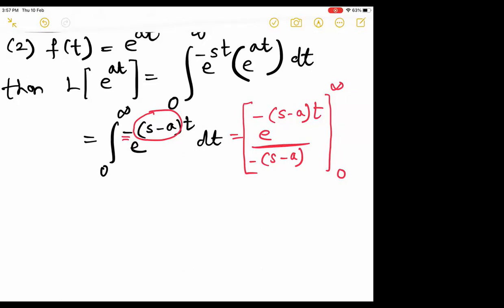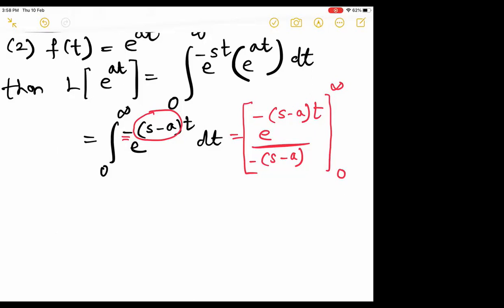Since in the standard definition, the function that is always there is e raised to minus st, which is also exponential, we are clubbing these two and getting the index as minus (s minus a). In the second step, how did e raised to minus (s minus a) into t come?